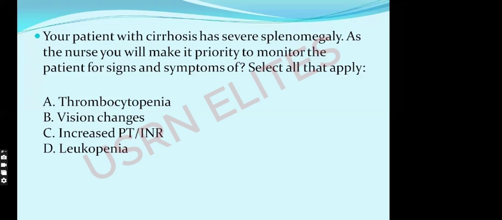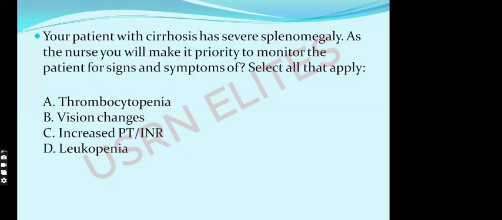Thank you. Okay, I think you didn't understand me well. I was saying exactly what you said, but I said it in a different way. When you have an increased PT and INR, it means your clotting is delayed.